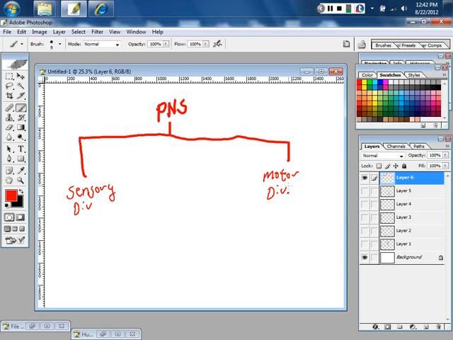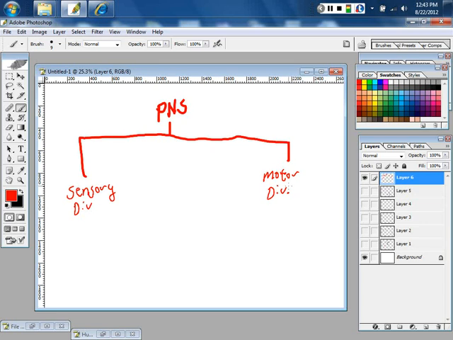Or let's say food goes into my stomach and my stomach stretches. When my stomach stretches, there are going to be nerve endings in my stomach that sense that stretch, send that information to the spinal cord, to my brain. It's going to tell my brain, you're full, you don't need to eat anymore. So that's the sensory division.